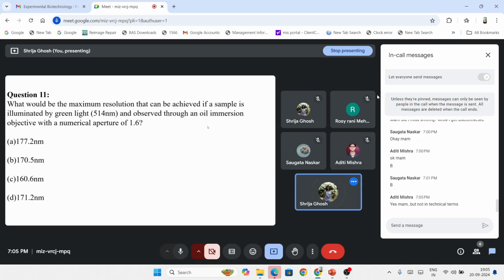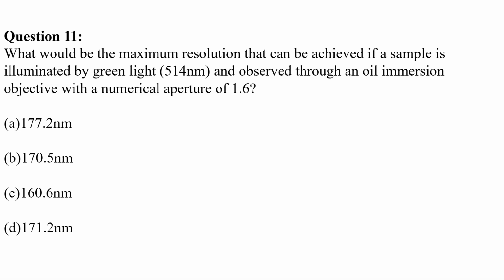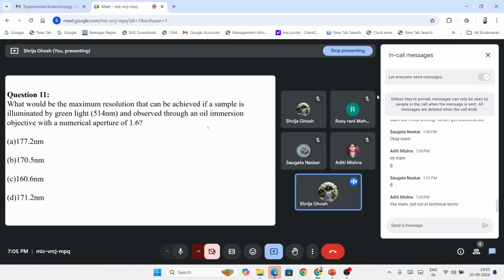Then, resolution in very general terms, I'll explain first. If I'm taking a picture, all of you are using phones nowadays, so you must be aware of the term resolution.